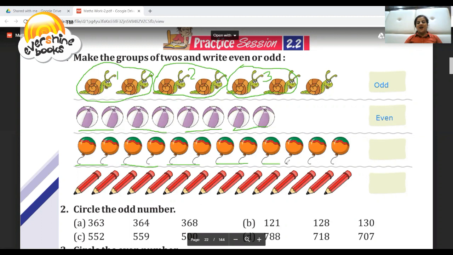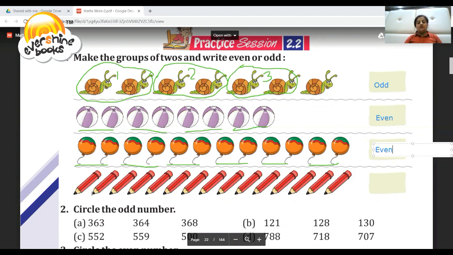This is 5 and this is 6. 6 pairs means it is an even number. Yes, it is an even number. We are going to write it here: even number. The spelling of even is E-V-E-N.